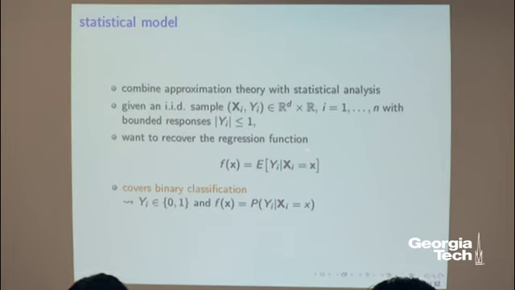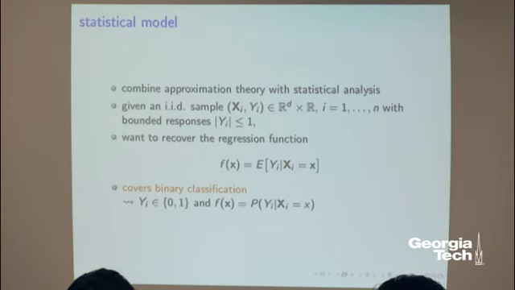Here you just do regression, following the work by Barron '94. So say the responses are bounded, and that the thing that you want to estimate or learn from the data is the regression function, which is just the conditional expectation of the outcomes given the explanatory variables being x.